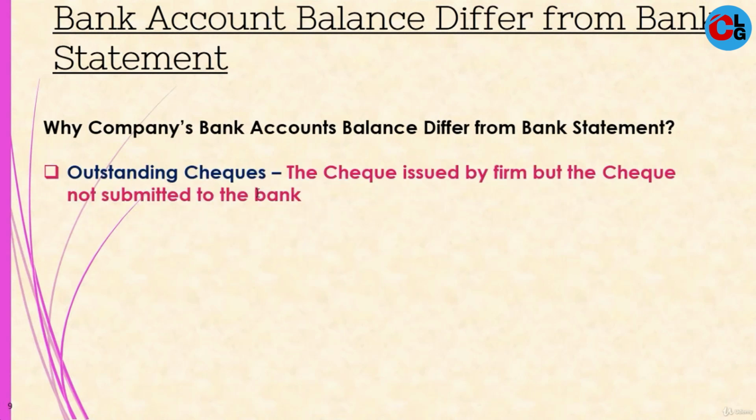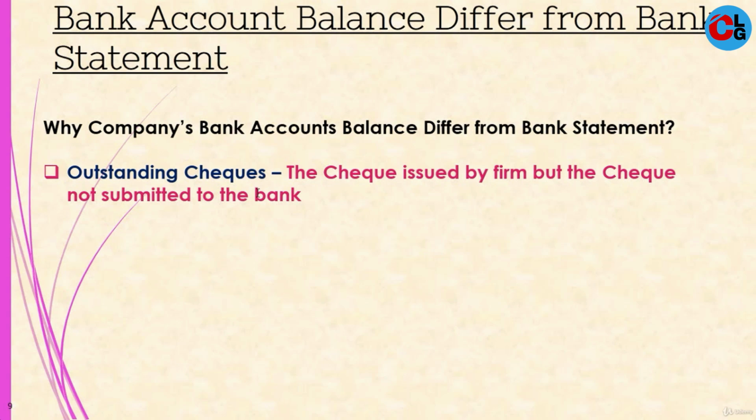Outstanding check. Outstanding check means we issue a check for a payment, for example electricity or rent, right? But the check is not submitted to the bank. If we issue the check, in our company's bank account book we record that transaction.